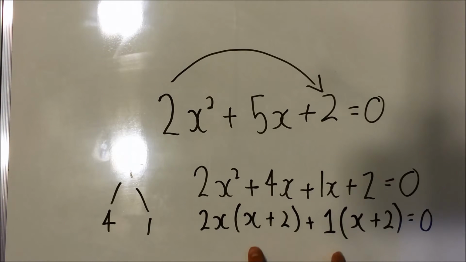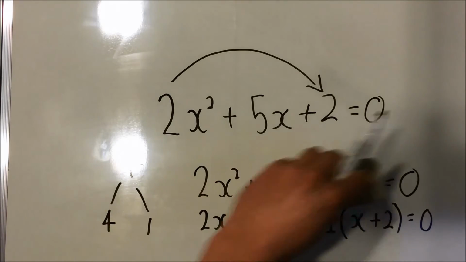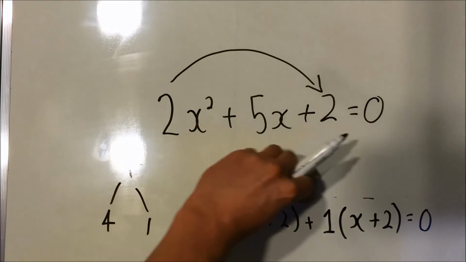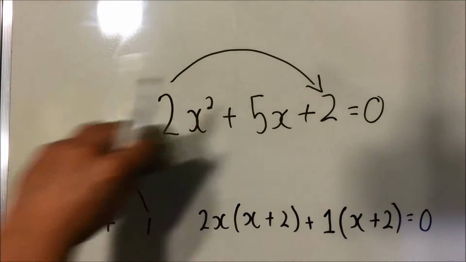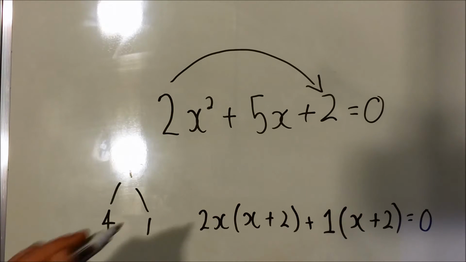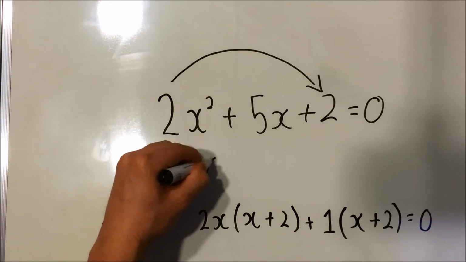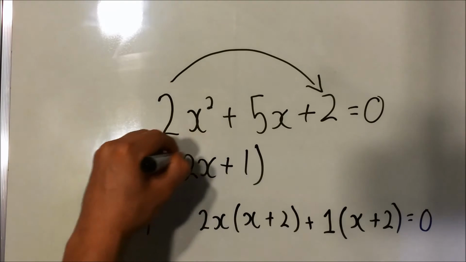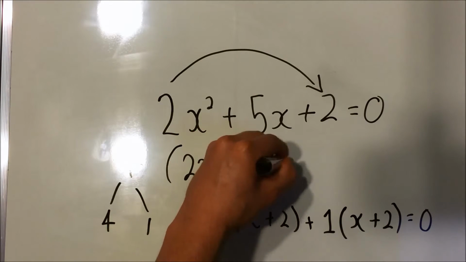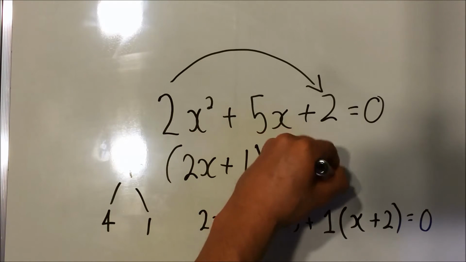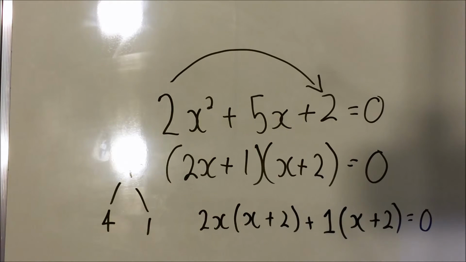Now, using this, copy these two, so you get 2x plus 1 and x plus 2 is equal to 0.